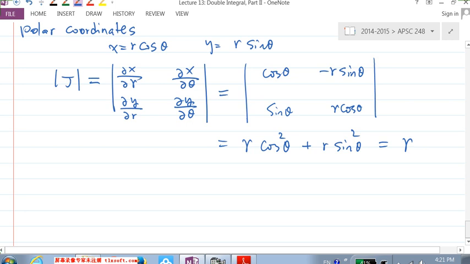In probability and statistics, in robotics, in image analysis or processing, and many other places, this Jacobian is used. It provides a different perspective of treating things and connects the different perspectives. That's the beauty.